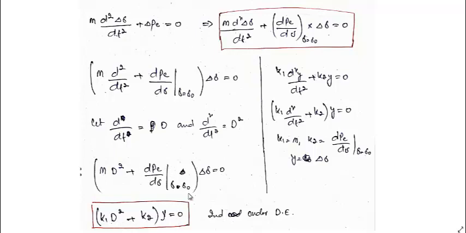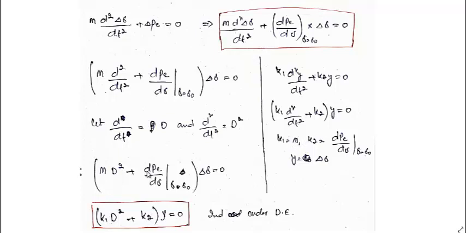This term will be a constant, because when we differentiate this P-delta curve with respect to delta and put in the value of delta, it will be a constant term. So here it will be K1 D² plus K2, into Δδ equal to 0, while K1 will be equal to M. You can see it from here.